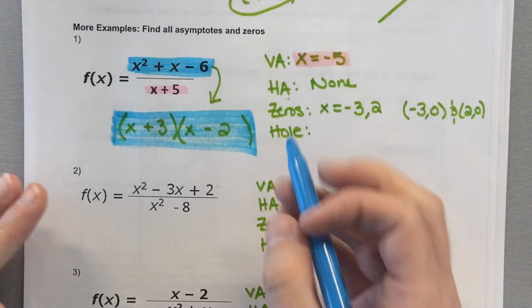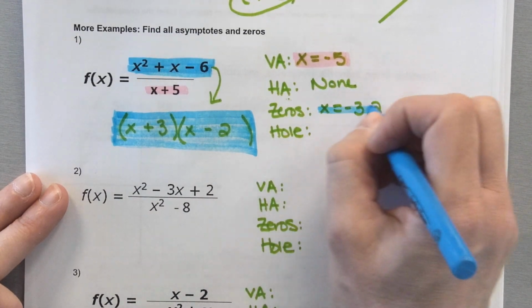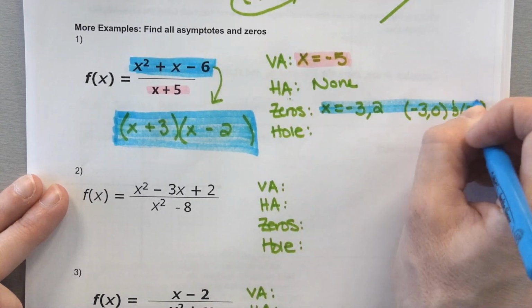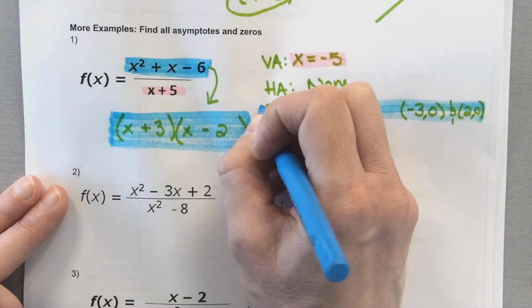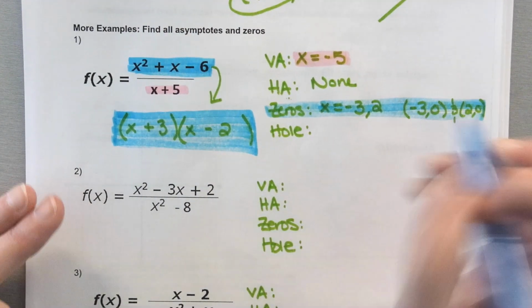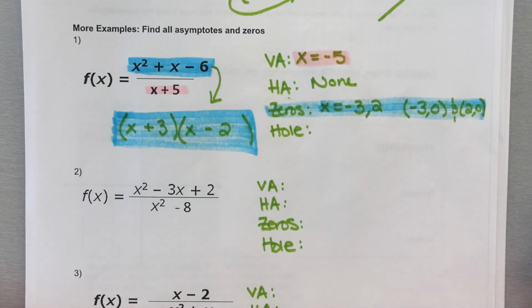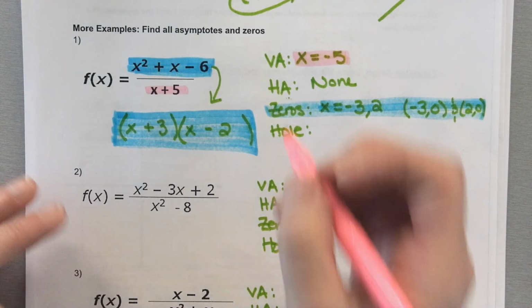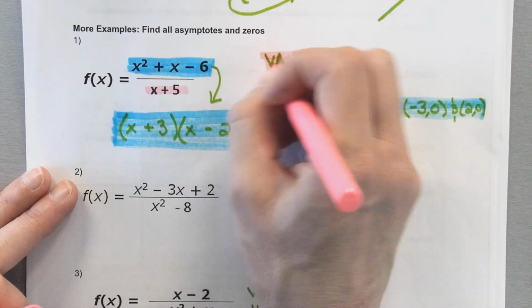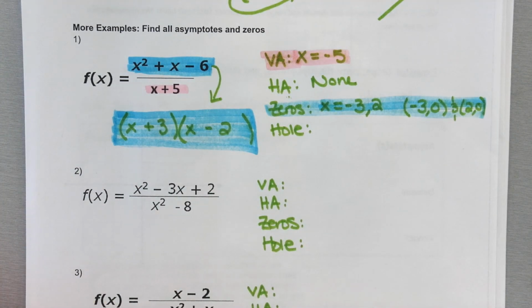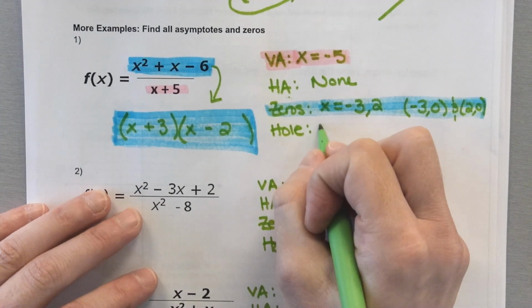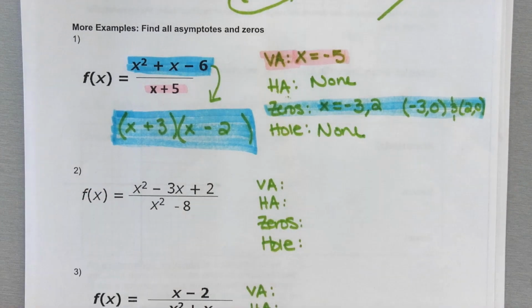So when I go to graph in a minute, I could use those values to help me graph. So the zeros give us some information. They give us some literal points on the graph. All right, so the hole is if they have something in common. Do they? No. None. Okay, I'm done with number 1.